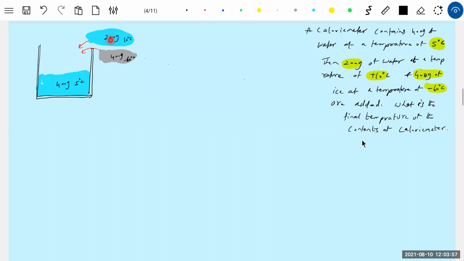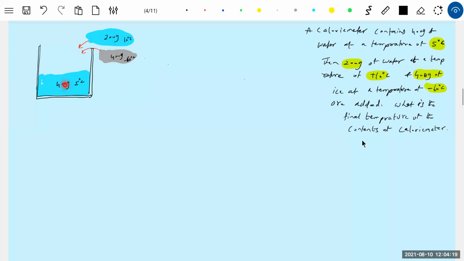Shall we do one thing? First there'll be exchange of heat between these two. Then again, how to manage this? They'll be added simultaneously. So first will there be exchange of heat between these two, then they'll come to some equilibrium? No, it will happen simultaneously.